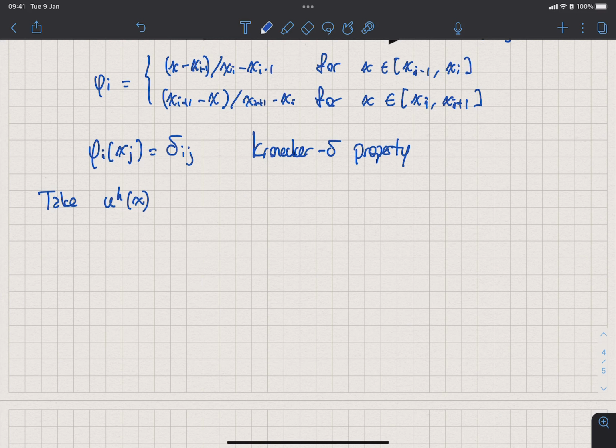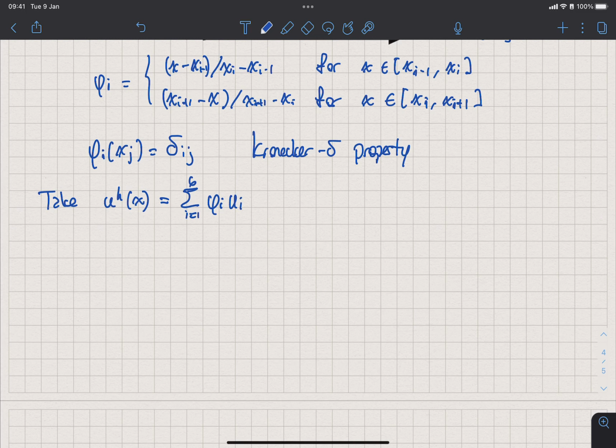So we are already talking about a discretized solution. I'm going to write it like this. So this is going to be my trial solution.